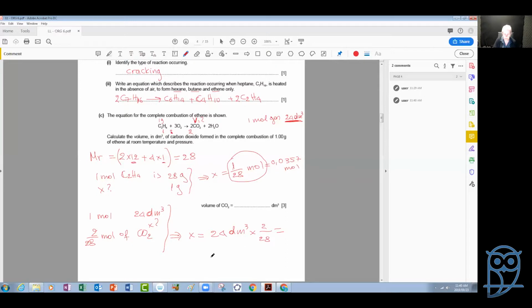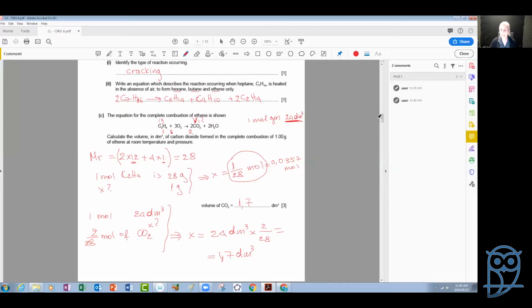So this gives us 1.7 cubic decimeters, and this is the volume occupied, the volume of the carbon dioxide produced. So the volume of carbon dioxide produced here is 1.7 cubic decimeters. So this is from the first chapter revision.